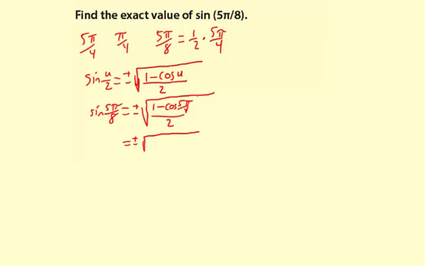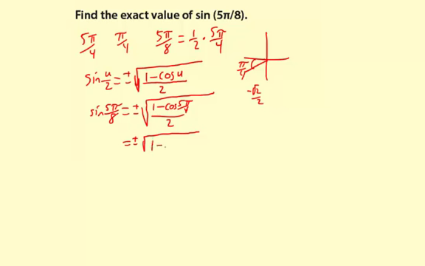So the cosine of 5 pi over 4, the reference angle is pi over 4. It's in quadrant 3, so it's going to be negative square root of 2 over 2.